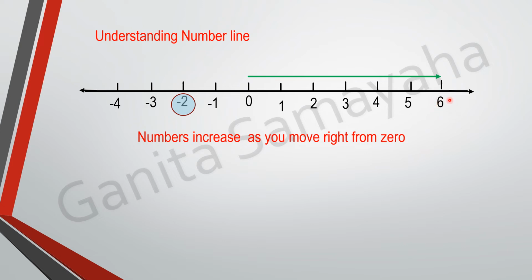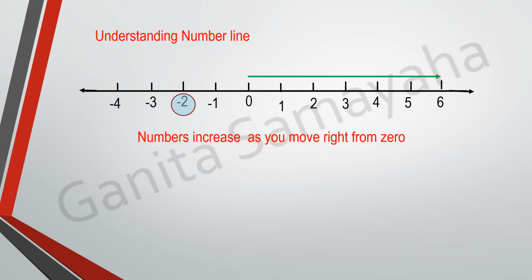Or 6 is a greater number than 1. Now further it is going on decreasing. So what does it mean? The number to the right is a greater number. -1 is greater than -2. Or -2 is less than -1.